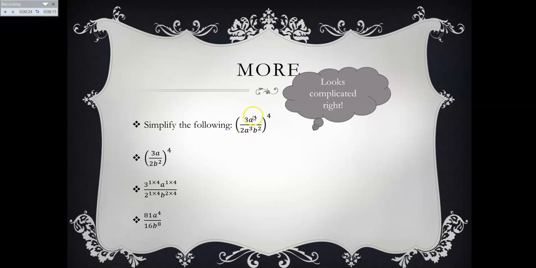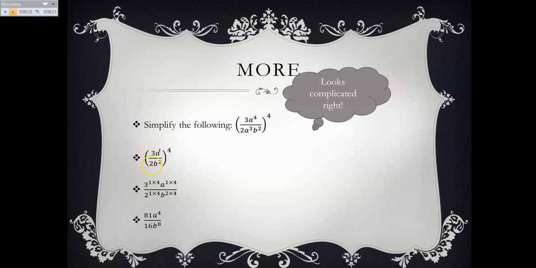So we have same base in numerator as denominator. So we can apply the division law. A to the 4 divided by a cubed would mean a to the 4 minus 3. So that would give us a to the 1st power. And I didn't write it here. You don't have to. We write back our 3.